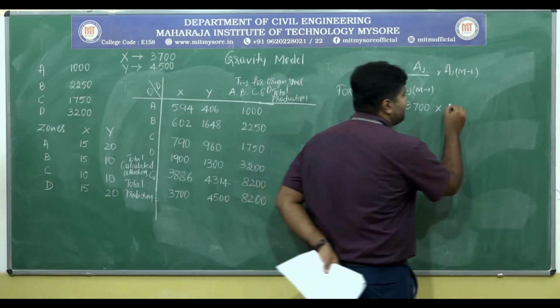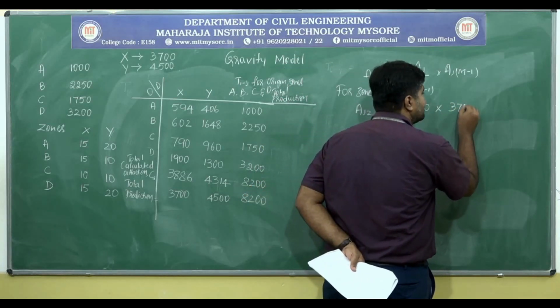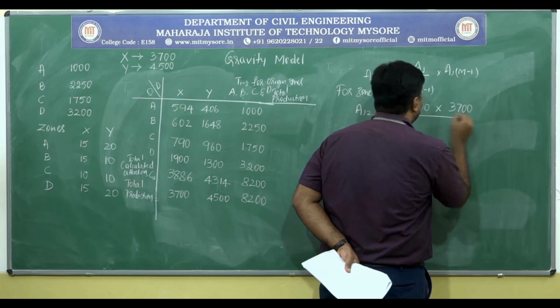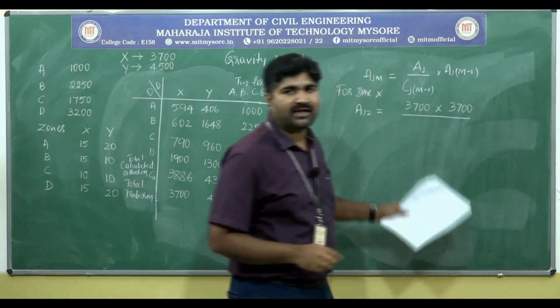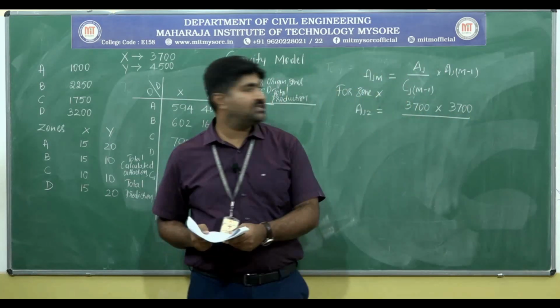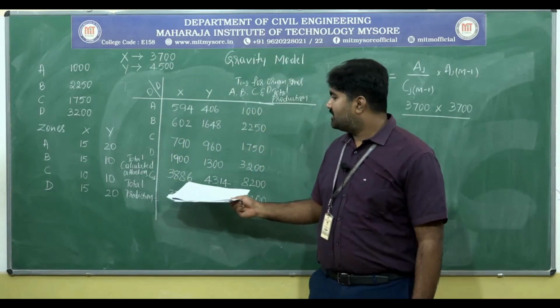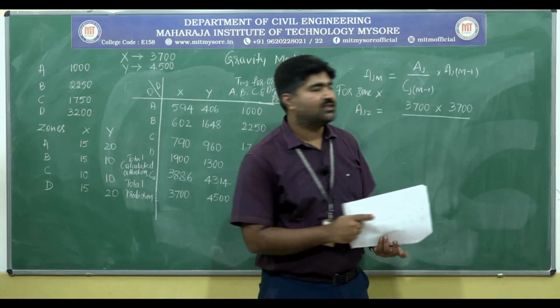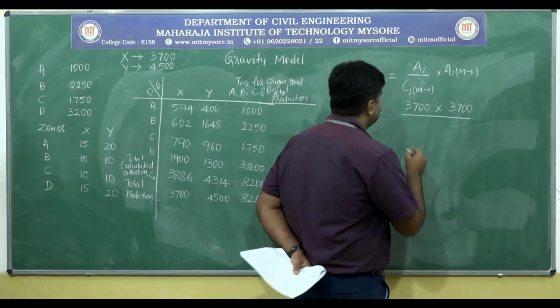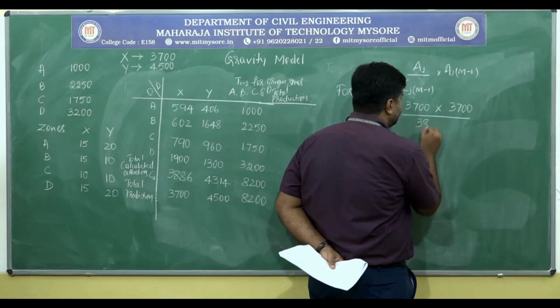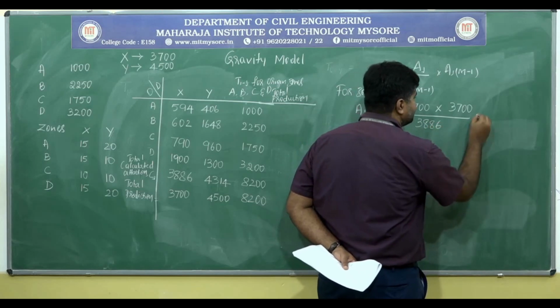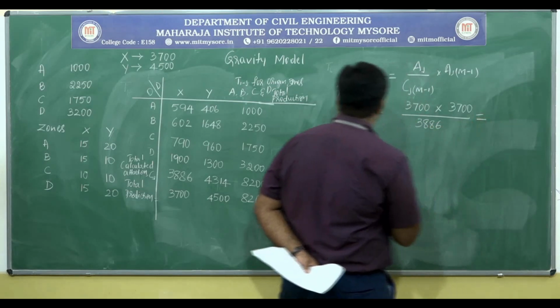In that we have taken the same value, that is 3700. Now the calculated attraction, how much is it, that is 3886. Check it, we need to check how much we will get.